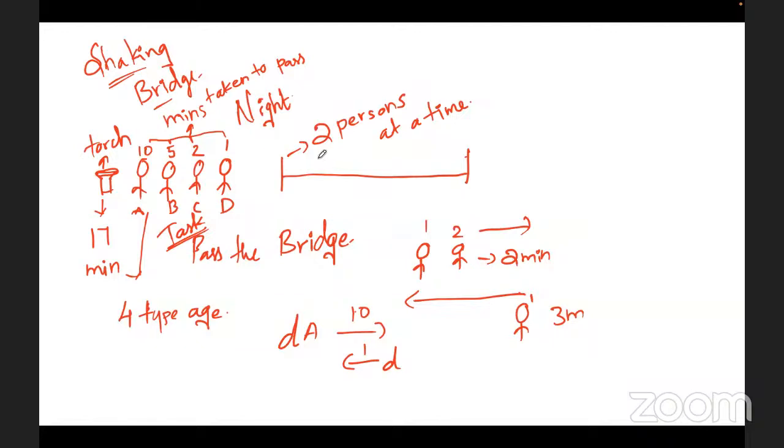Yeah, the bridge can only hold two persons at a time. If a third person comes, it's a shaking bridge, right? So 2 plus 1, plus 2 plus 2.